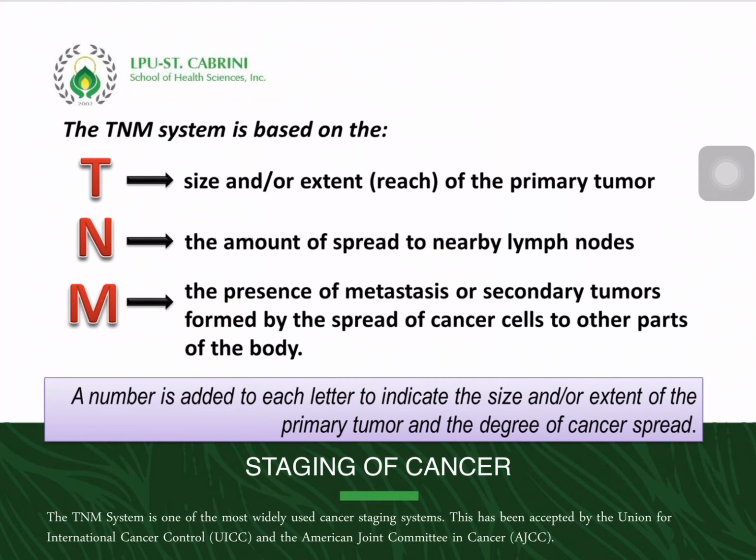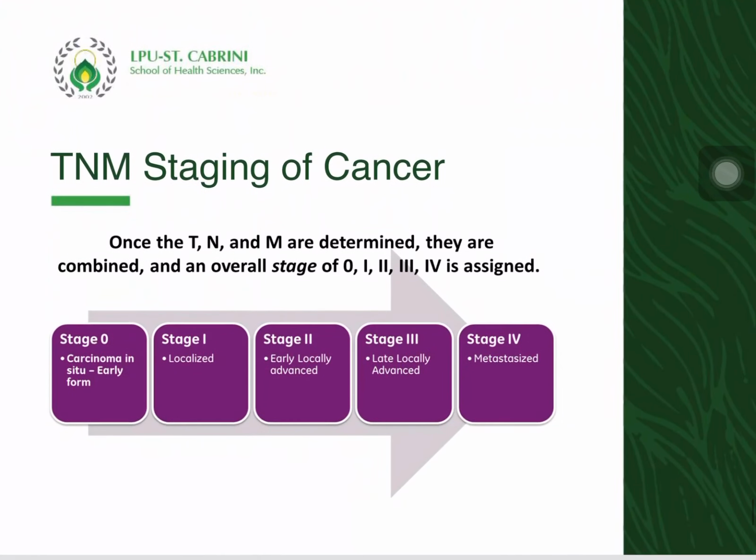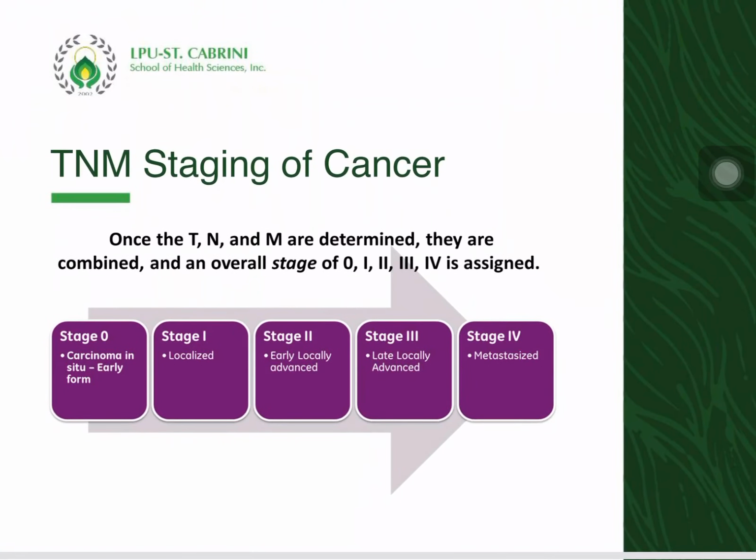So paano natin malalaman para saan yung mga number na nasa gilid nitong TNM na to? So here is the staging. When the number beside the T, N, and M is 0, okay, it means that the carcinoma in situ is in early form.